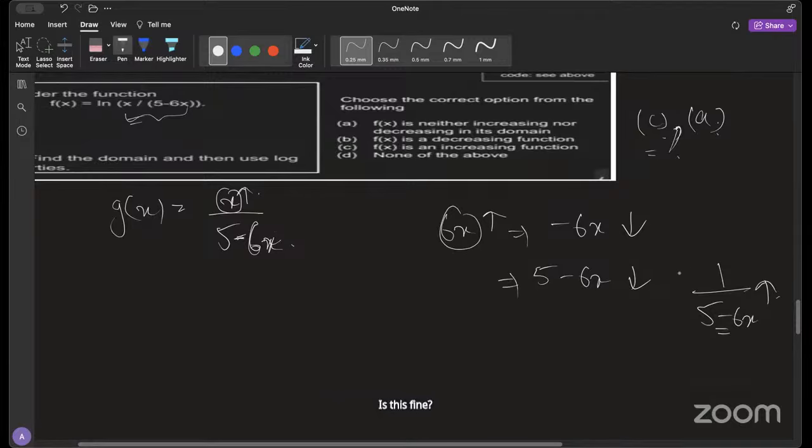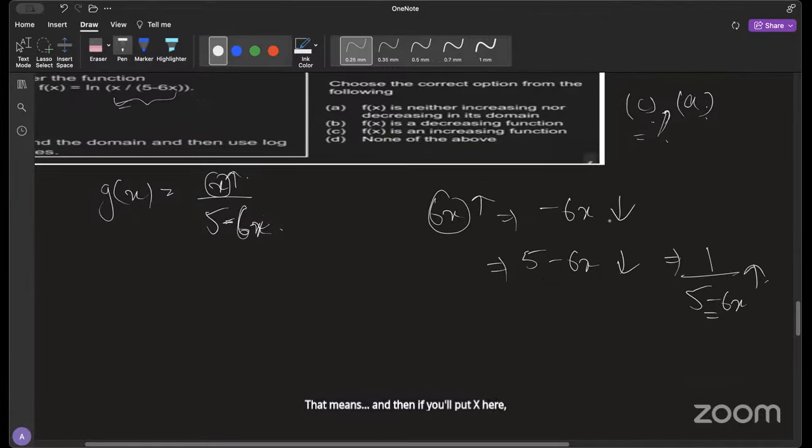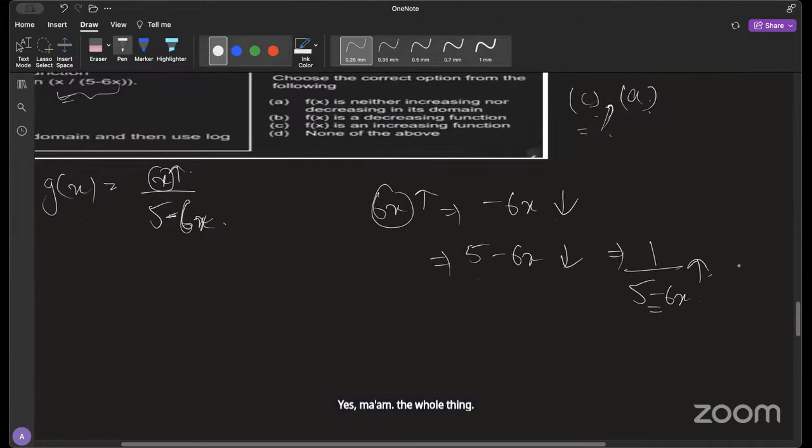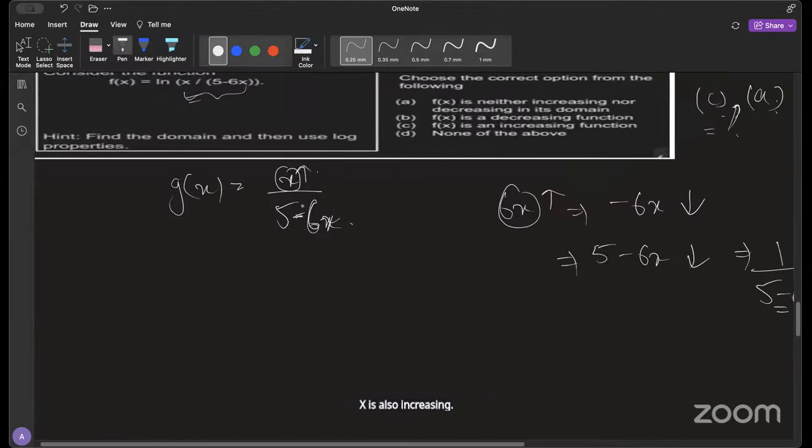Yes, ma'am. Then the whole function, if you put x here, you'll multiply because this is increasing and x is also increasing, two increasing functions multiplied together. And it's not generally true that if you multiply two increasing functions, you're going to get an increasing function, right?